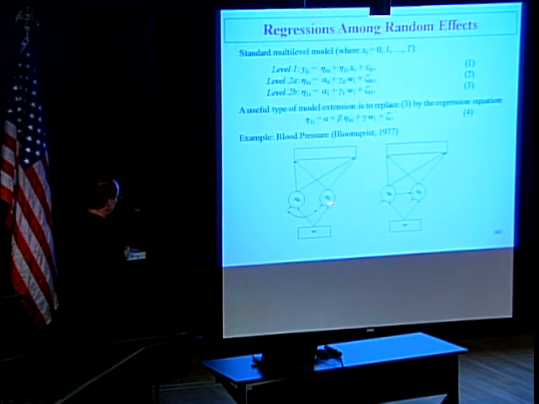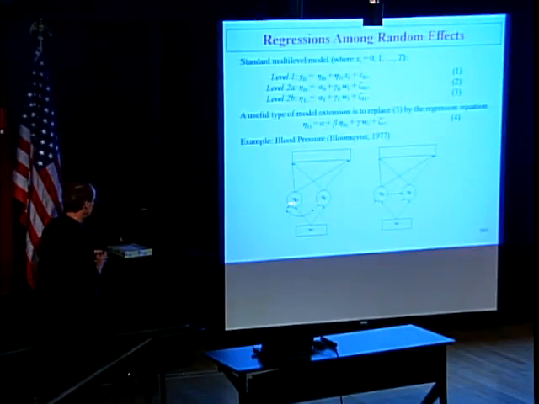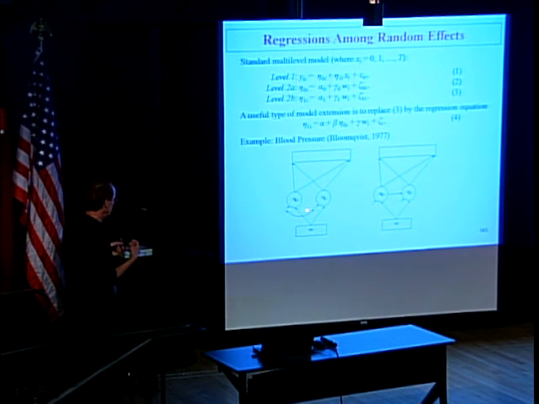Here, the two growth factors are on the same status. They're both dependent variables. So it's bivariate dependent variables influenced by the same covariate. And we're not saying anything about how one influences the other. We're just saying that the residuals can be correlated.